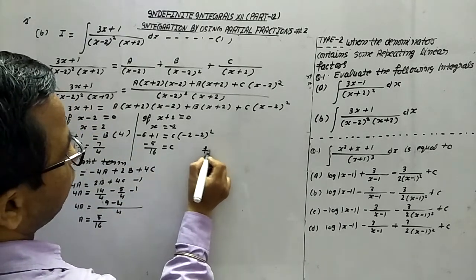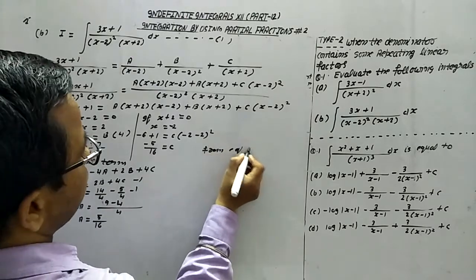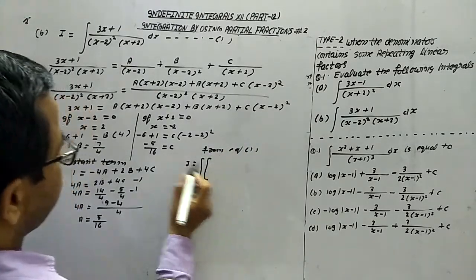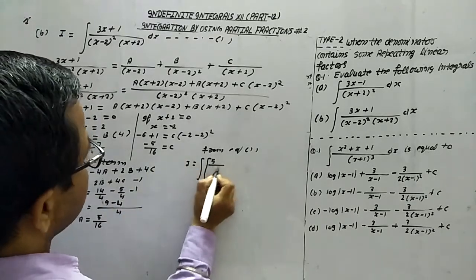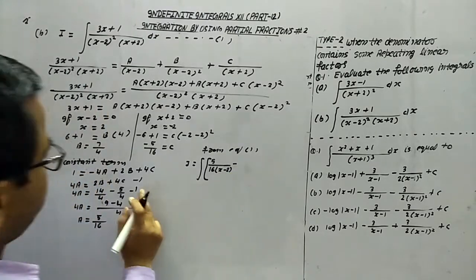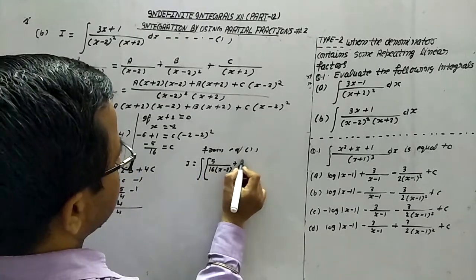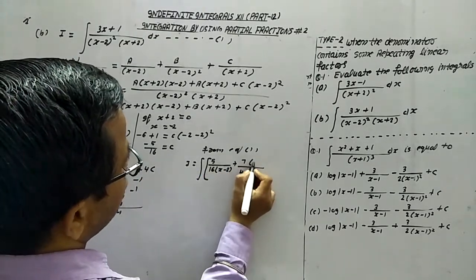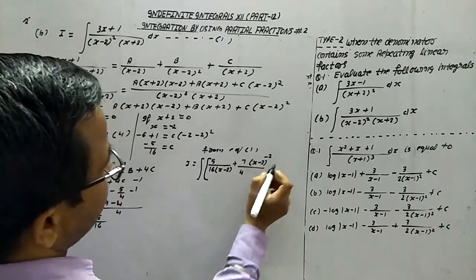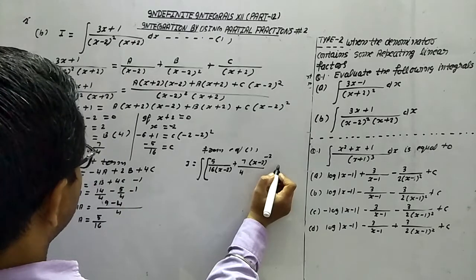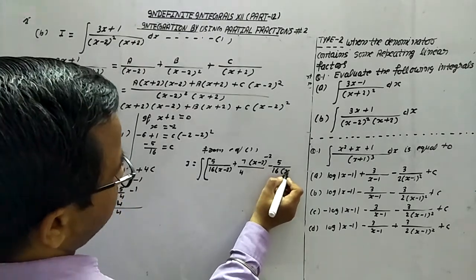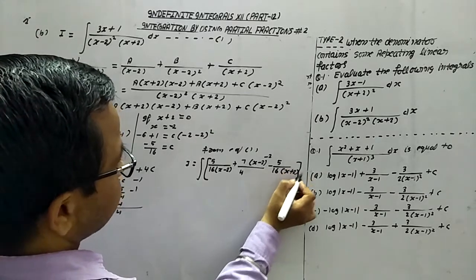Therefore from equation 1 we are getting I is equal to the integration of, substituting the values, 5 upon 16 times (x minus 2), plus b, which is 7 upon 4, I can write this as (x minus 2) raised to power minus 2, and then plus c, which is minus 5 by 16, times (x plus 2), dx.